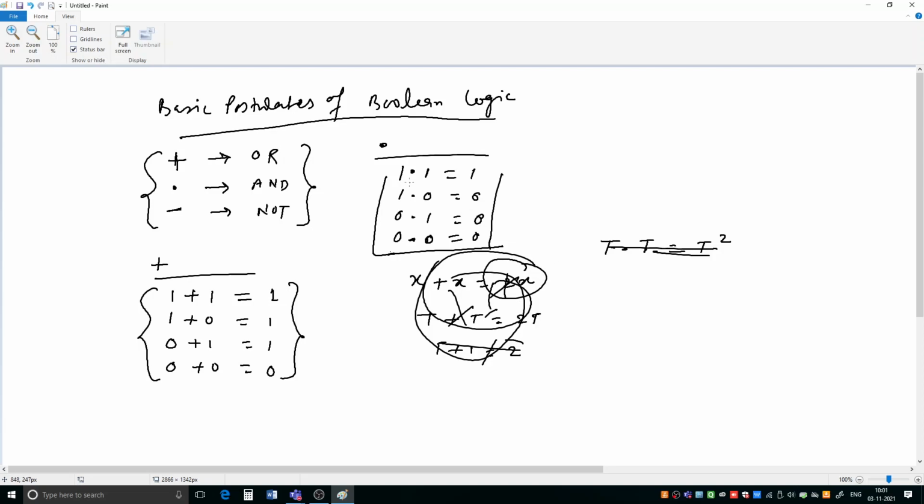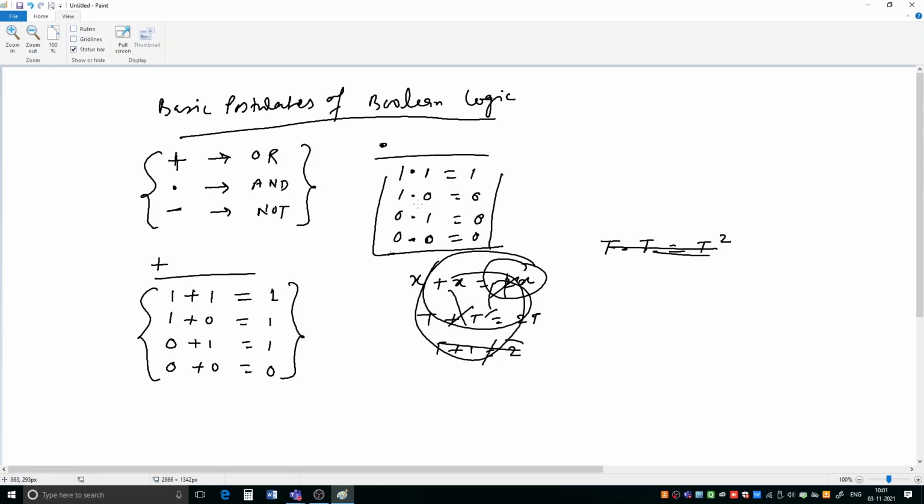Here we are not doing multiplication. What we are doing is performing the AND operation. Keep in mind, the dot is not indicating that we are multiplying; we are ANDing two values.